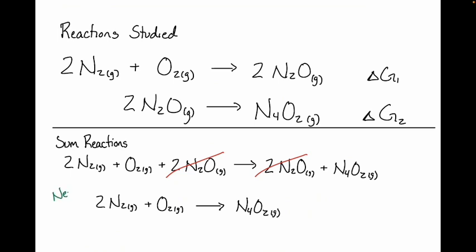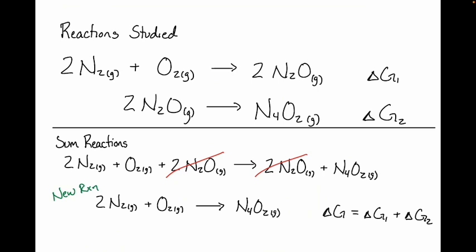And this is a new reaction. I've never studied this one, don't know her. But I have studied these two independent reactions, and the sum is this third reaction. So the delta G is simply going to be equal to the sum of my delta G for those two reactions, because it doesn't matter what path I take.